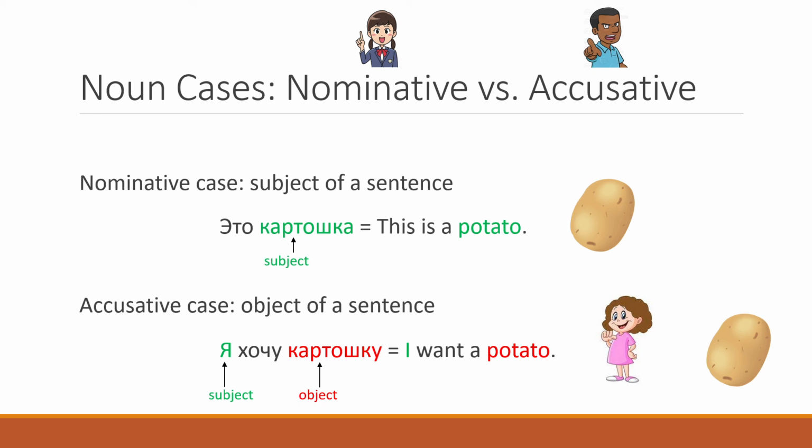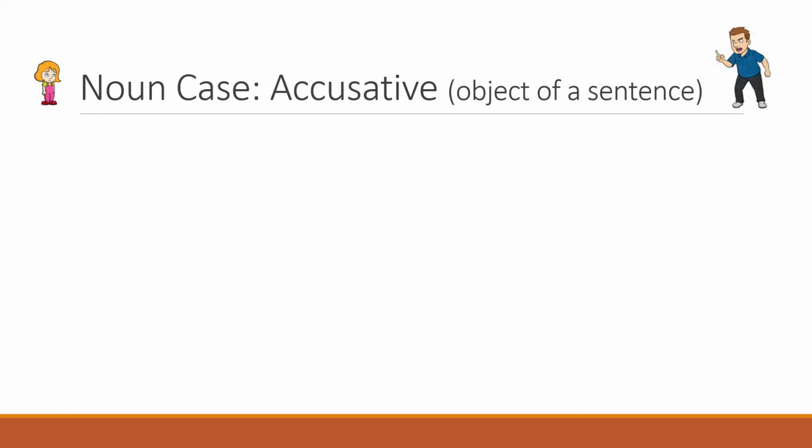So let's see a quick review of how to change the noun to accusative. If it is a male animate object, meaning it is a male noun and it is alive, a person or an animal, we will change the ending to a or ya, unless it is a noun that ends in a, right?